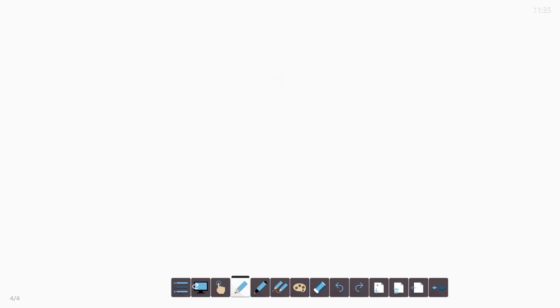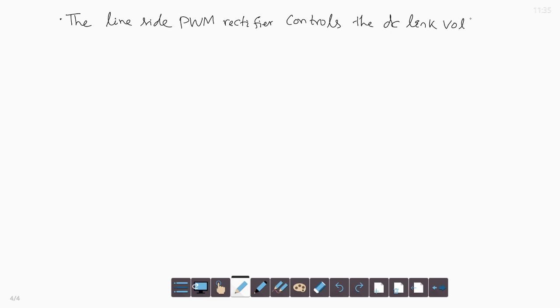So, in this scheme, the line side PWM rectifier controls the DC link voltage Vd through a feedback loop, as you have seen.